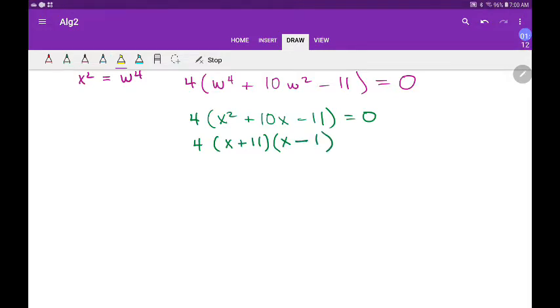That gets me my negative 11 at the end, and positive 11 minus 1 gives me 10. So that works for us.